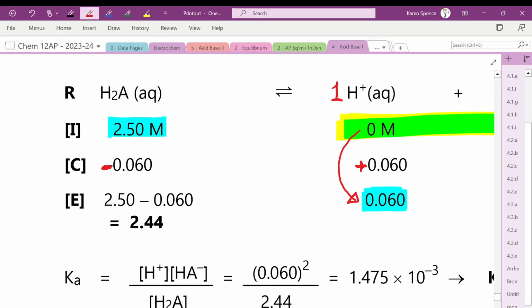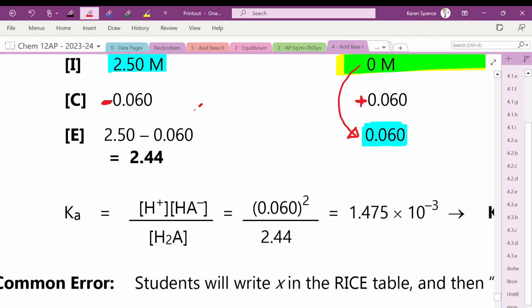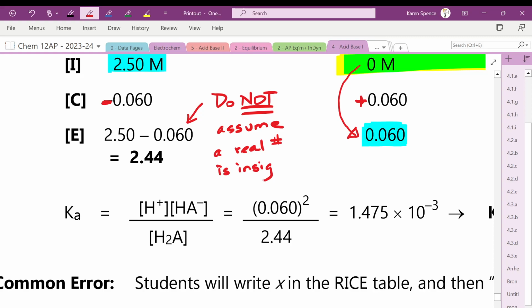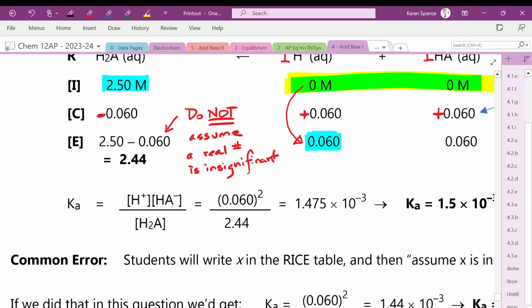So, do not assume that a real number is insignificant. So here's a common error.